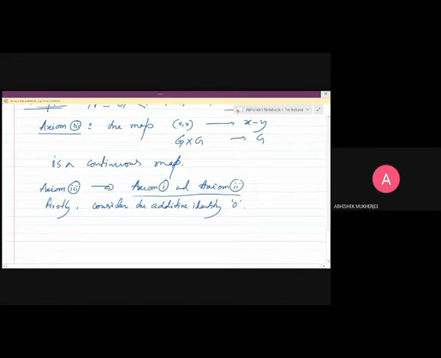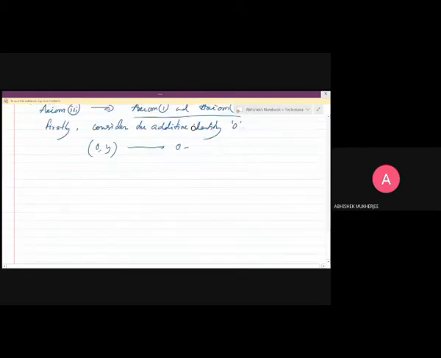Then you are going to have this map, that is (0, y), which sends to 0 minus y.